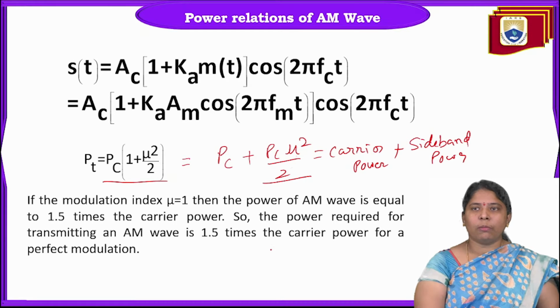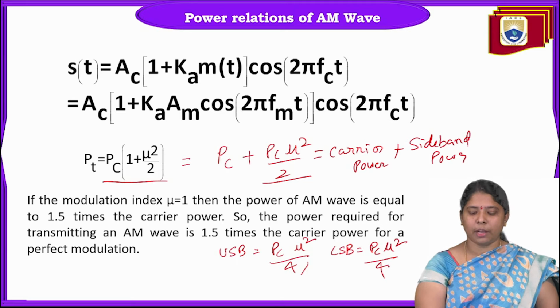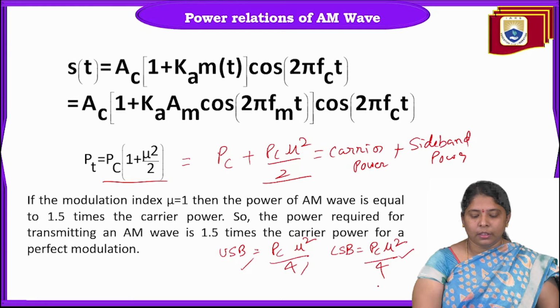PC into mu square by 2 is the sideband power for two sidebands, upper and lower. If we consider only one sideband, the USB power is PC into mu square by 4, and similarly the lower sideband power is PC into mu square by 4.